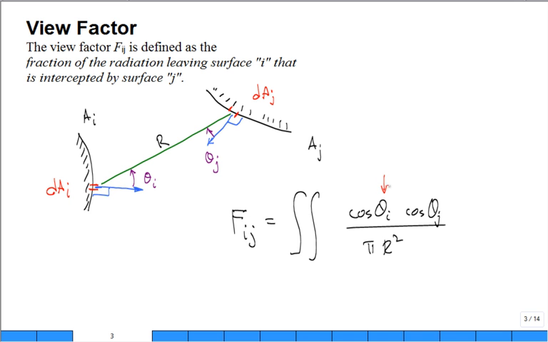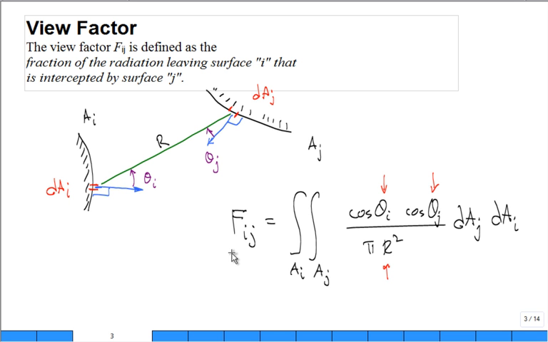The cosine of that angle, theta_i, cosine of the other angle, theta_j, the distance squared, and pi. What do we integrate over? Well, we integrate over dA_j. Integrate over the entire second surface j. But that's the inside integral. You also have an outer integral, dA_i, integrate over the entire surface A_i. And the view factor, I didn't leave enough room. Let me scoot this over a little bit.